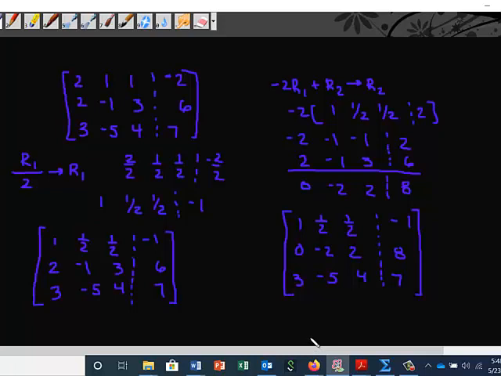Now, the next thing we want to do is get a 0 in this position. So we want to multiply -3 to row 1 and add it to row 3 to get the new row 3.